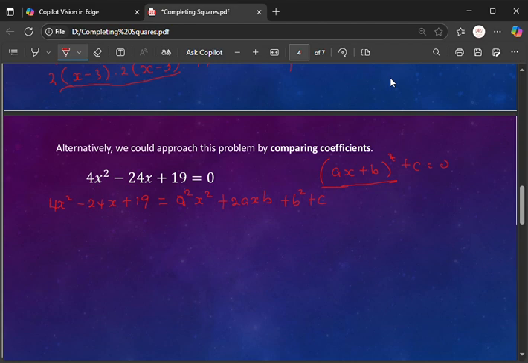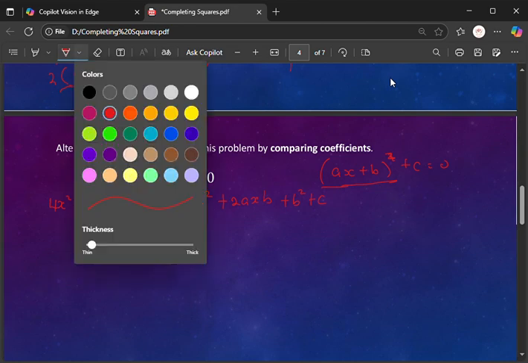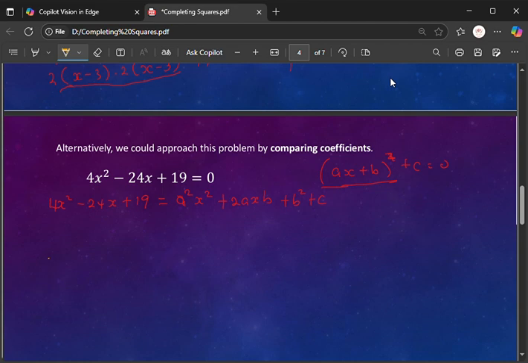I just expanded this square bracket, and then plus c. Now here is what we call comparing coefficients. So 4x squared is equal to a squared x squared. So you see that the x squared cancels out and a squared is 4, and that means a will be plus or minus 2.